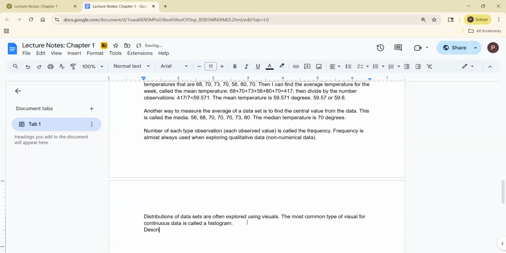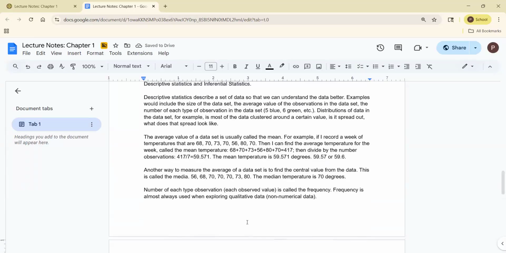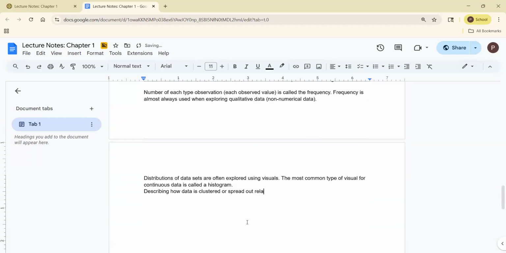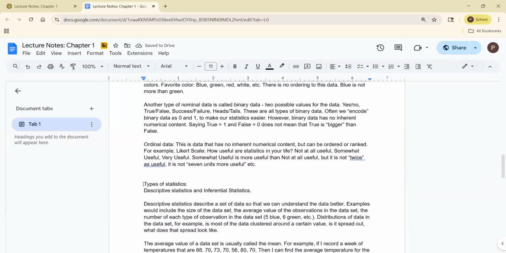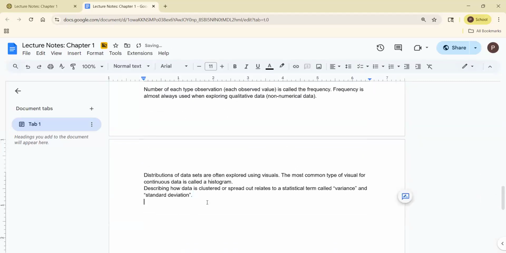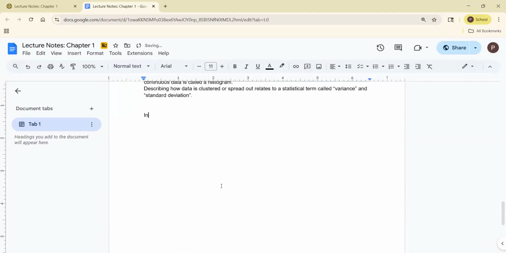Describing how data is clustered or spread out relates to a statistical term called variance and standard deviation. We'll come back to that as well. I just want you to have these basic words. Okay, so that's our descriptive statistics. They describe data so we can understand that data better.